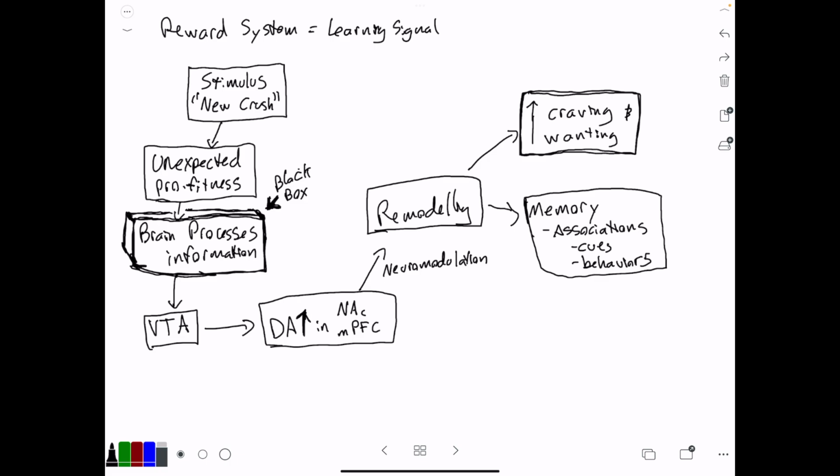And so this remodeling not only helps create a drive to seek the stimulus, but also helps you to remember how to find that stimulus again.